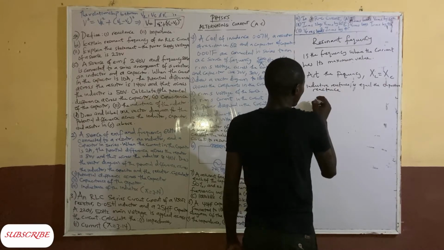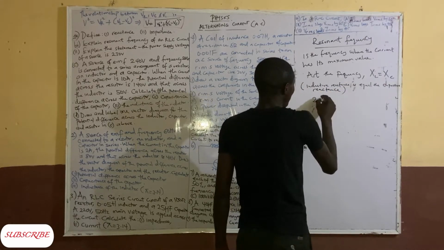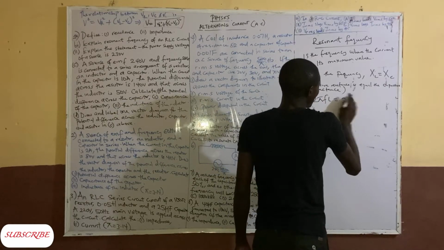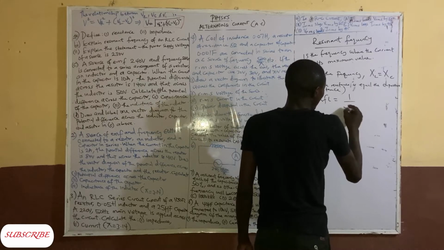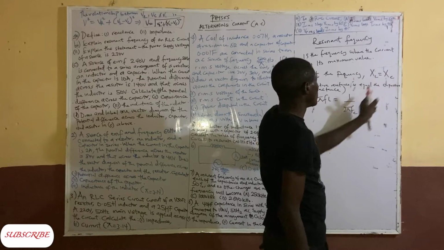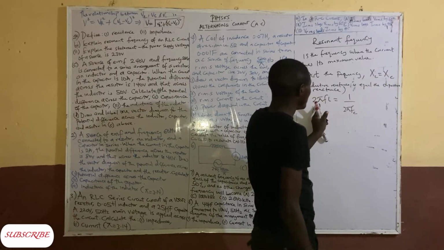So they are equal. In other words, XL is 2πFL, which is ωL, and XC is 1 over 2πFC, which is 1 over ωC.